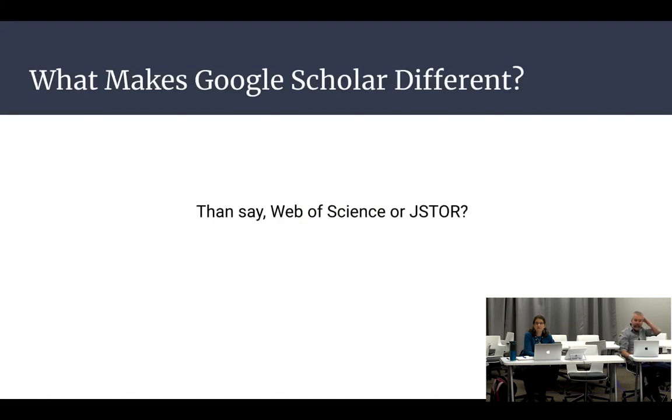Okay, so what makes Google Scholar different from some of the other databases that we have at UBC, whether this be things like Web of Science, JSTOR, Scopus? They're both, in essence, databases of the academic literature. But commercial indexing and abstracting databases really limit what they ingest. They limit based off of scope.